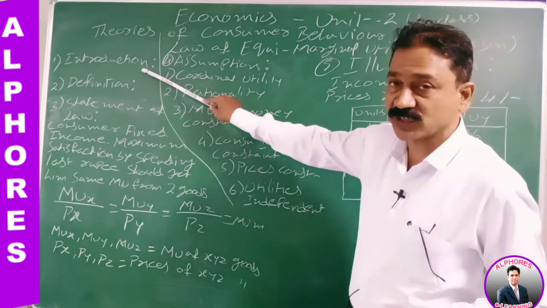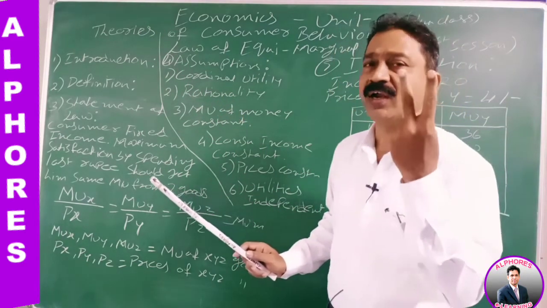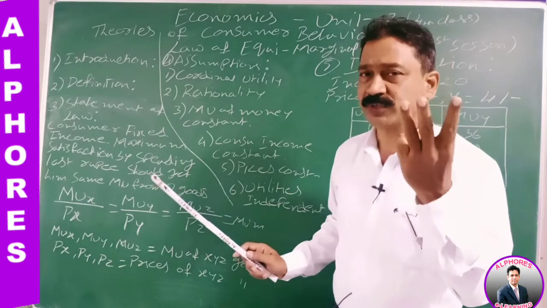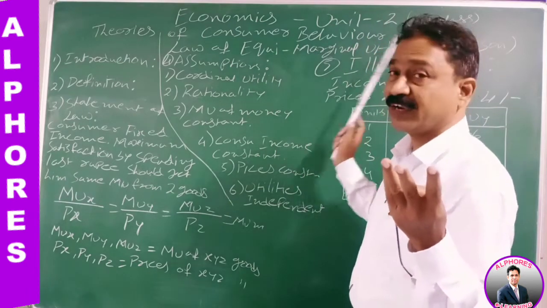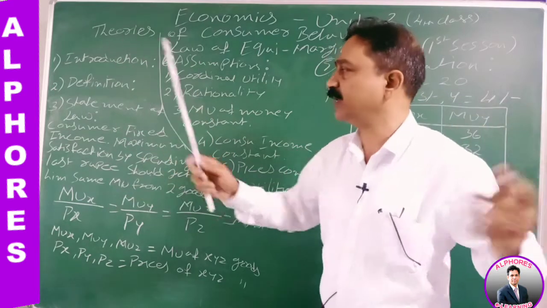We have seen the introduction. In the introduction we have seen it is Gossen's second law, it is the law of maximum satisfaction, it is the law of substitution, and it is also called the law of equimarginal utility, equalizing the marginal utilities of commodities.